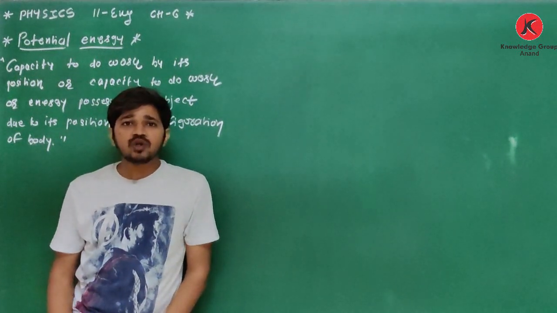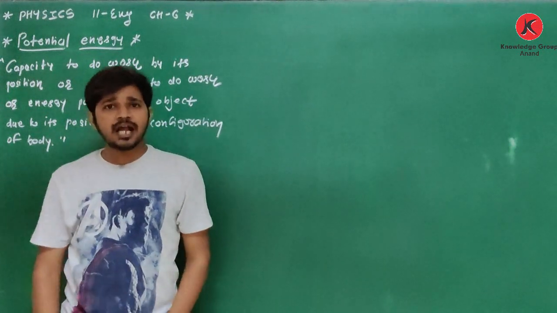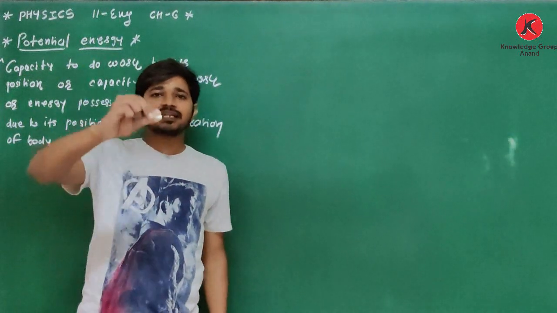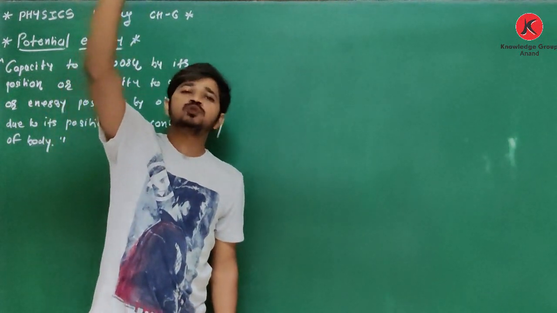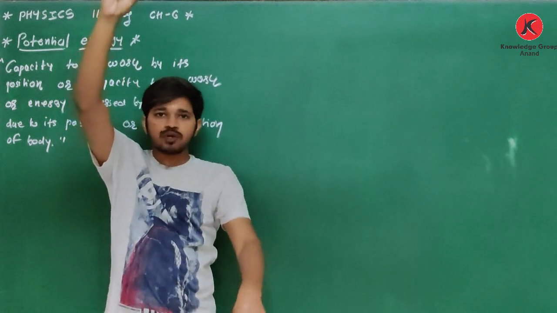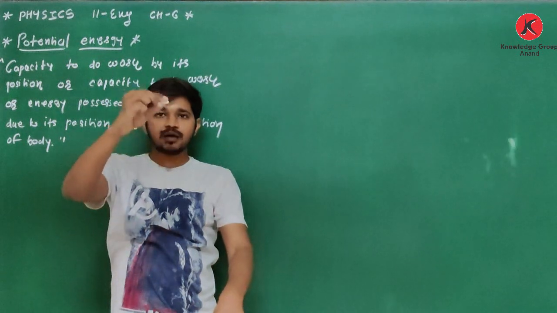So, if I want to bring the chalk to some height, obviously I have to do some work against gravitational force. Gravitational force is acting downward, so on this chalk I have to apply some force in the upward direction.